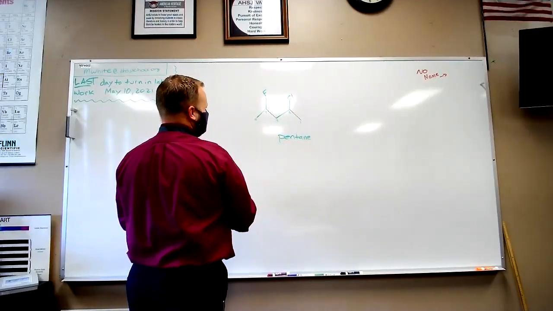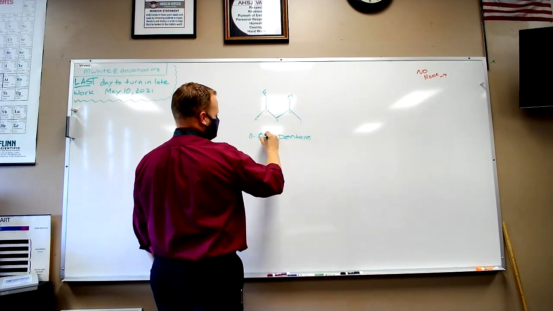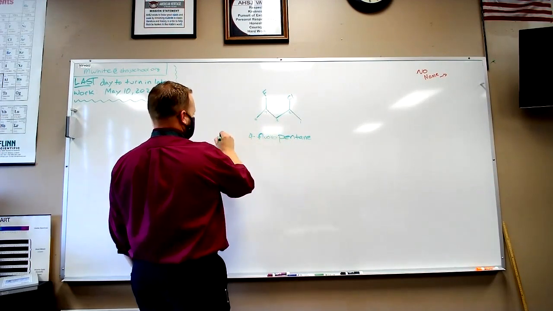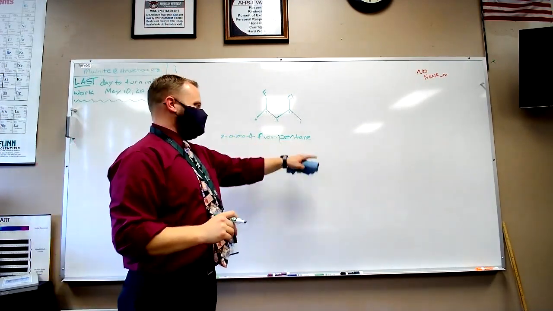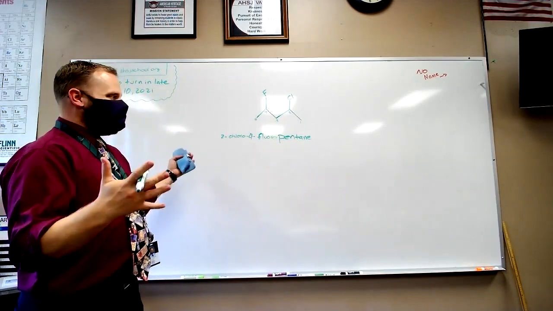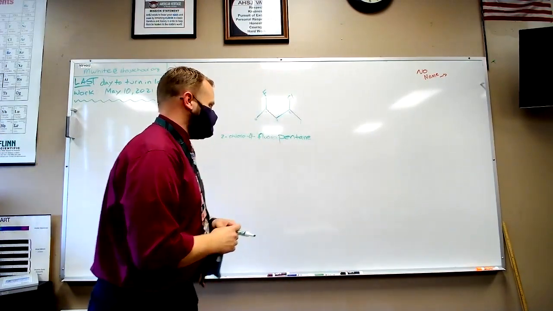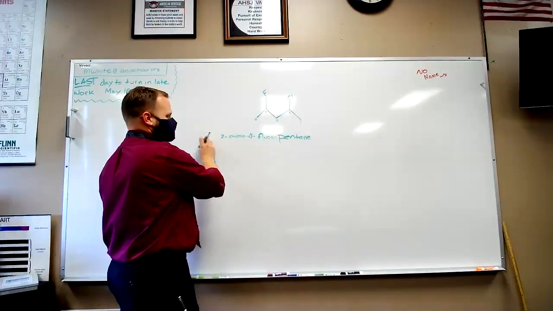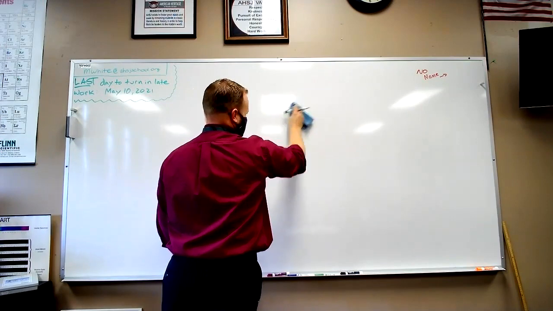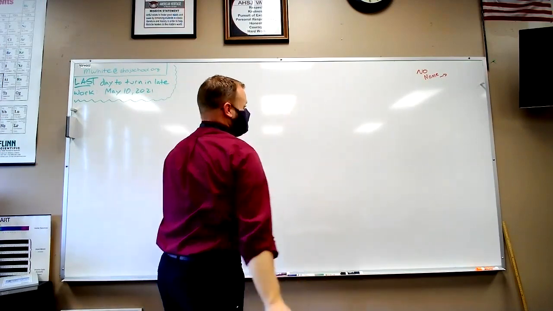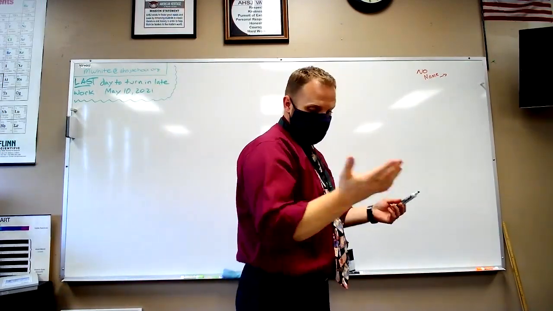So 2-chloro, 4-chloropentane. It really is pretty much the same as all of our other branch chains, except instead of having methyl, ethyl, propyl groups, we have chloro, fluoro, bromo, and iodo. Other than that, the rules are honestly the same.